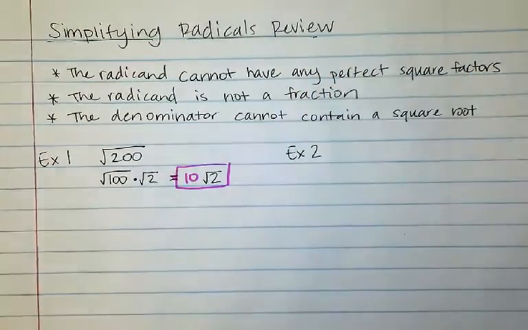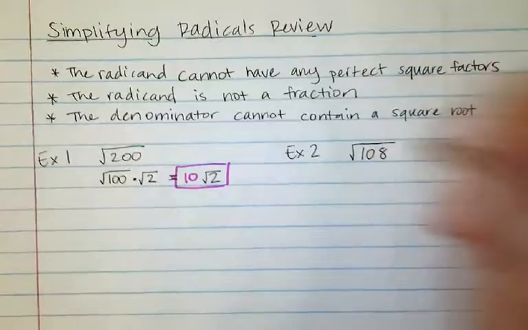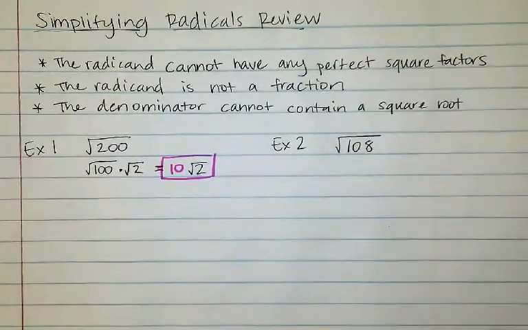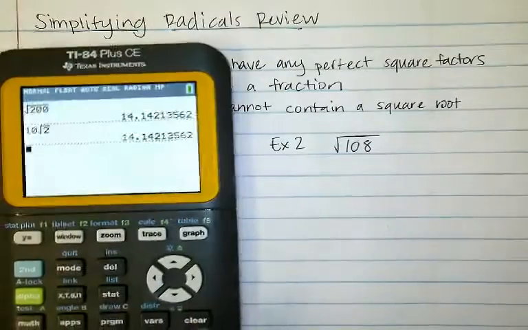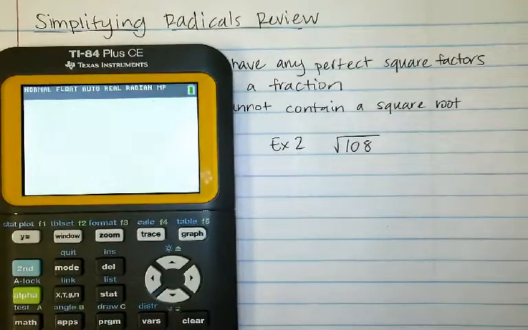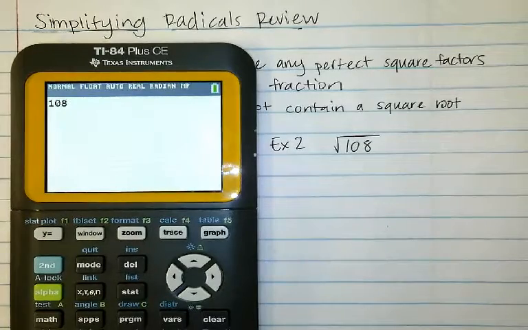For example 2, we're going to do the square root of 108. What is the largest perfect square factor of 108? What are some good factors of 108? 4, 9, 16, 25, any of those.